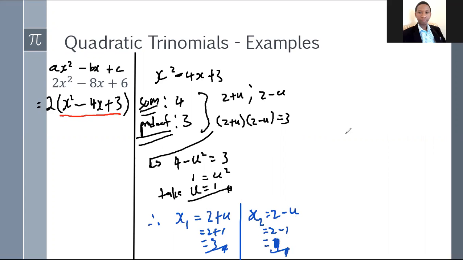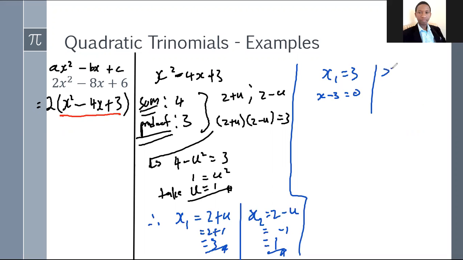Now, how do I factorize? Well, I've got to do just the reverse of what happened here, thinking about the zero product rule. So I'm going to say, if x1 equals 3, then x minus 3 is a factor of my expression. Similarly, if x2 is 1, then x minus 1 is also a factor of my expression.